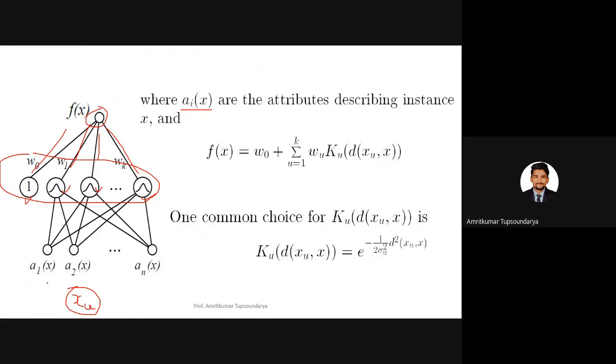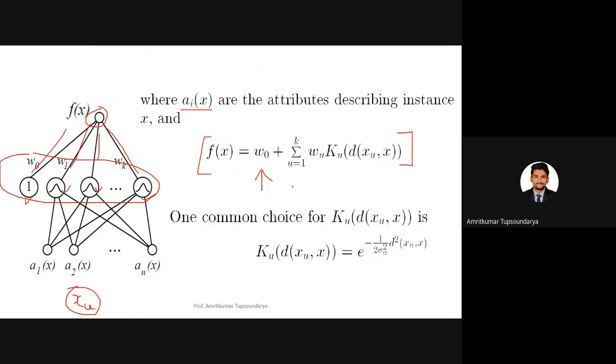When we need to have the linear combination, the learned hypothesis can be of the form of this. We are trying to sum up all the products of weight and the kernel function, and the added weight, the initial weight that we are trying to add.